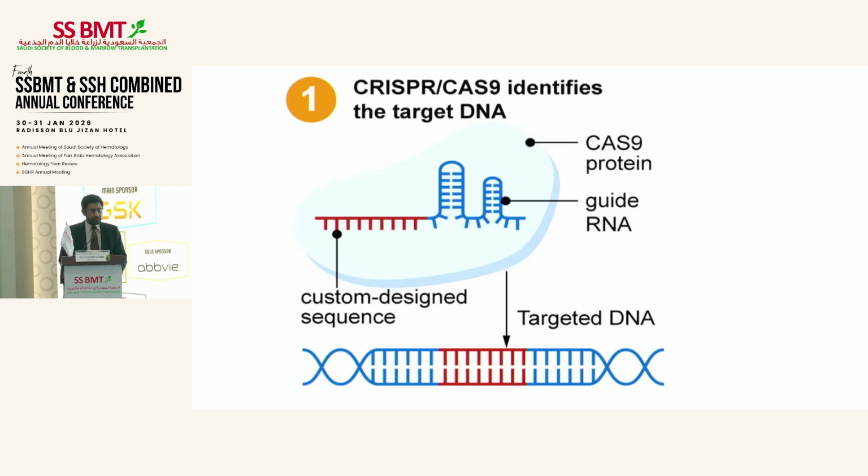In CRISPR technology, the first step in editing a gene is to identify the area that is palindromic. This is done by a guide RNA, which is synthesized in the lab and guides the CRISPR-Cas nuclease into this area.